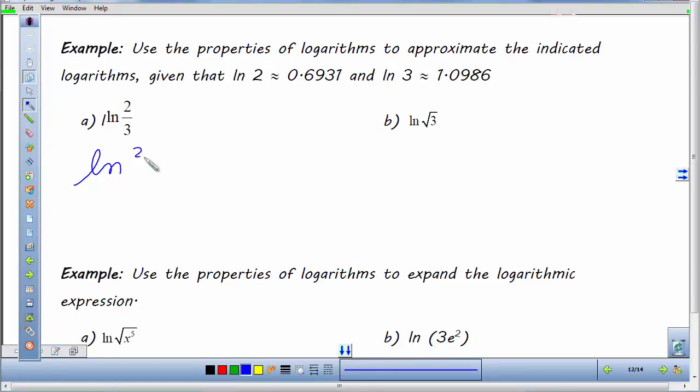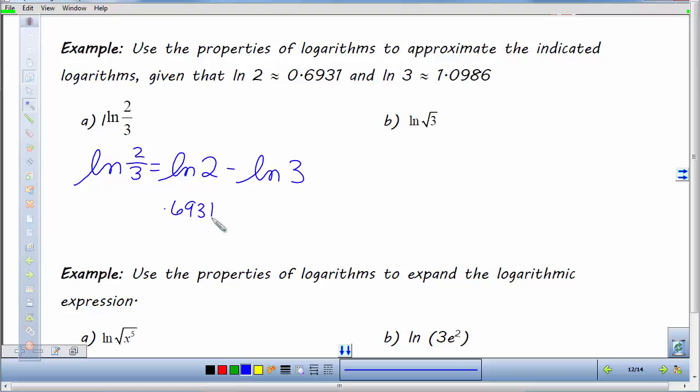The natural log of 2/3 is equal to natural log of 2 minus natural log of 3. That's what that quotient property told us. I can distribute it to my quotient, but it becomes a difference. And so we get 0.6931 minus 1.0986, and whatever that is on your calculator, we can do that. Questions about that?